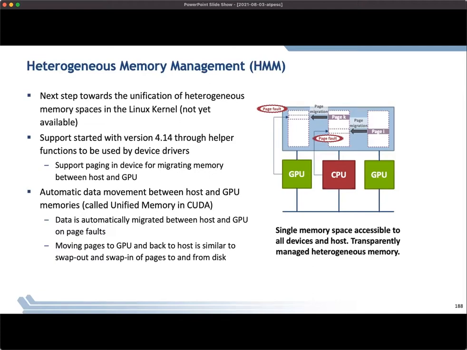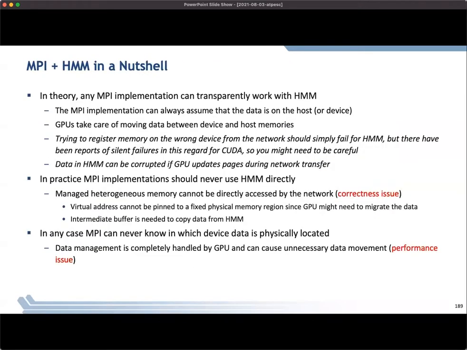So this is simple to program, but unfortunately MPI plus heterogeneous memory management is not a very good idea. Having this automated page migration is really hard for communication to work with, because the network card needs the memory page that contains the data to be pinned down in physical memory in order to send it.